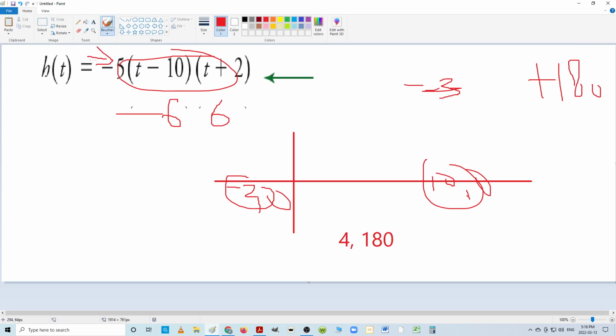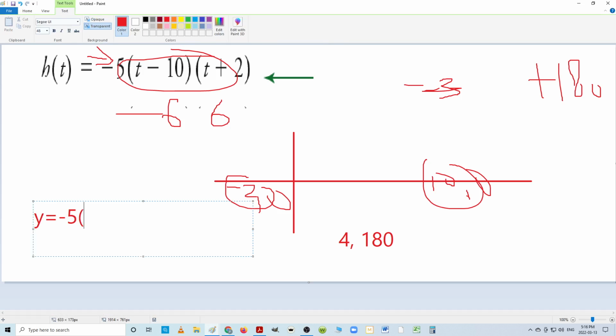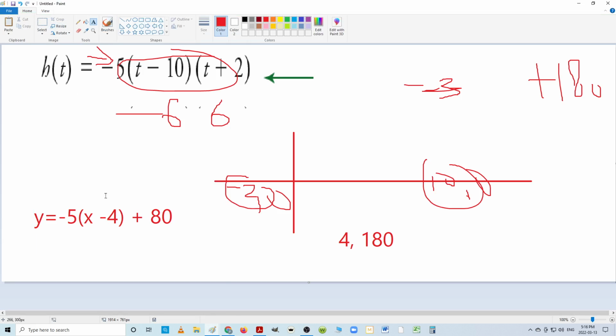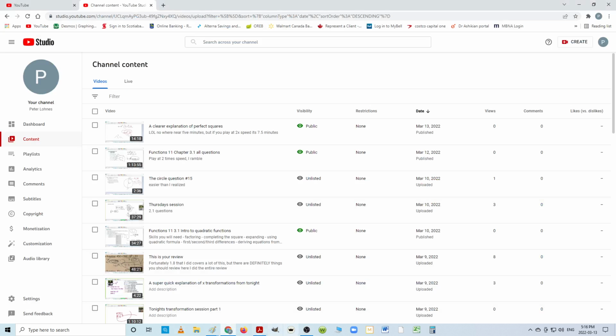And I can even write it in vertex format automatically with that information. And this will be the same graph as the above. That saves a lot of time than trying to expand this first and then complete the square. Let's continue.